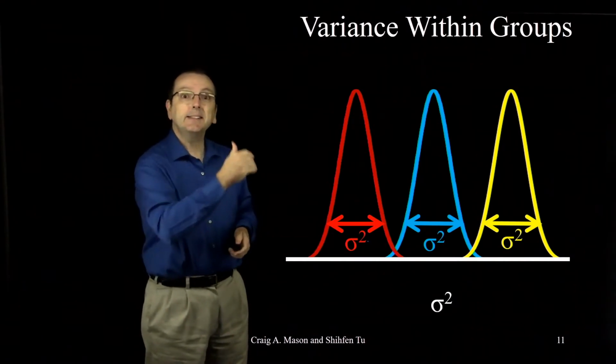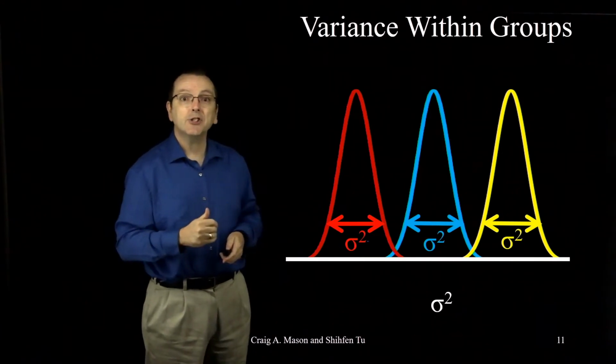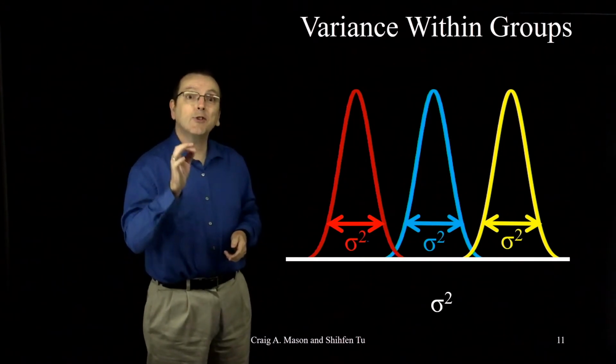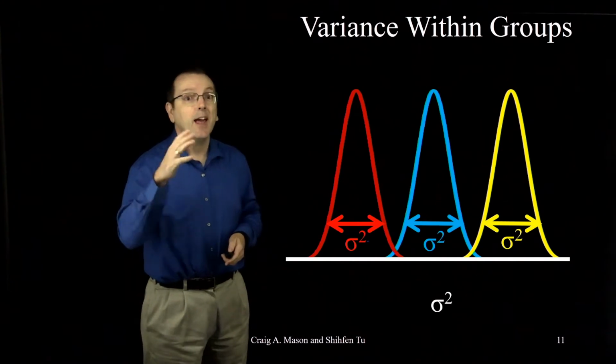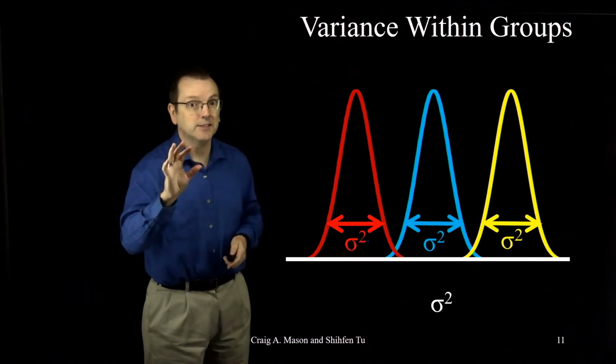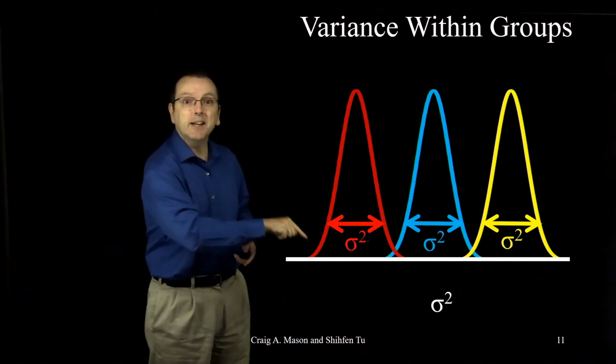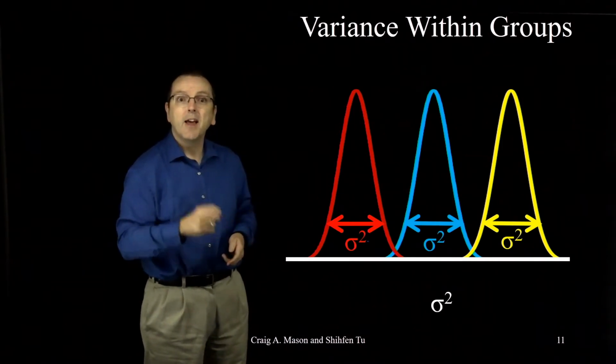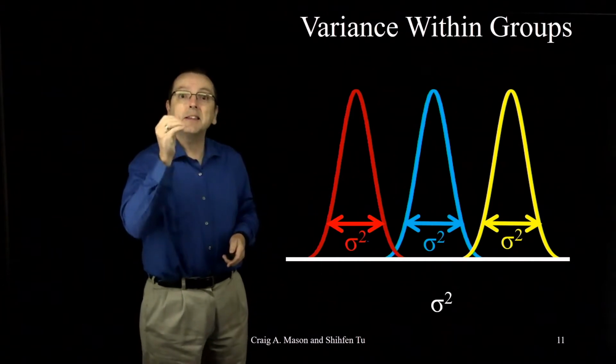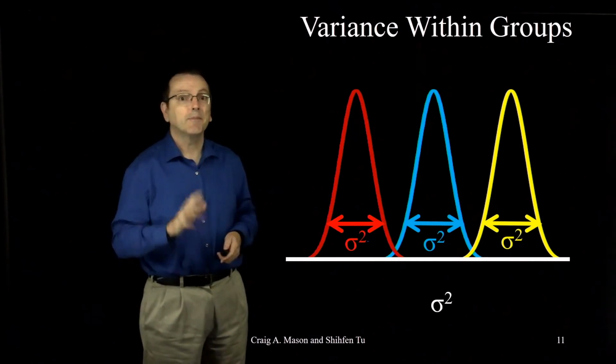So when we sample from each of the populations, the variance for each of those samples, our lowercase s squared, is an estimate of the same sigma squared value, right? They're all estimating the same sigma squared.